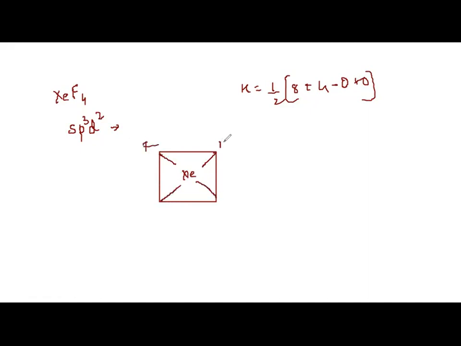So F, F, F, and F, and above there is one lone pair and below there is one lone pair. This is the geometry which is called octahedral geometry.